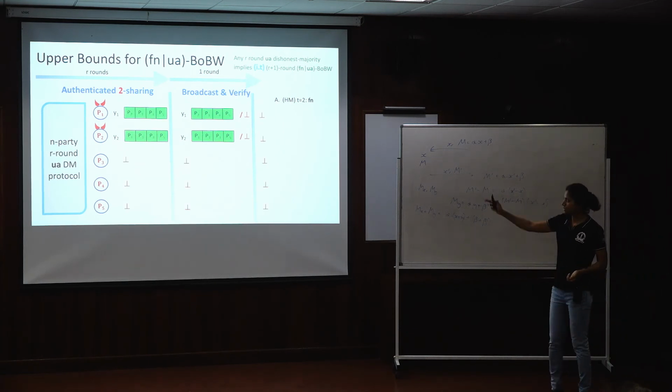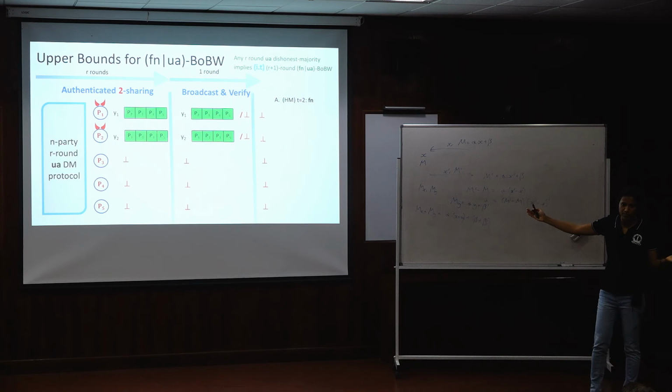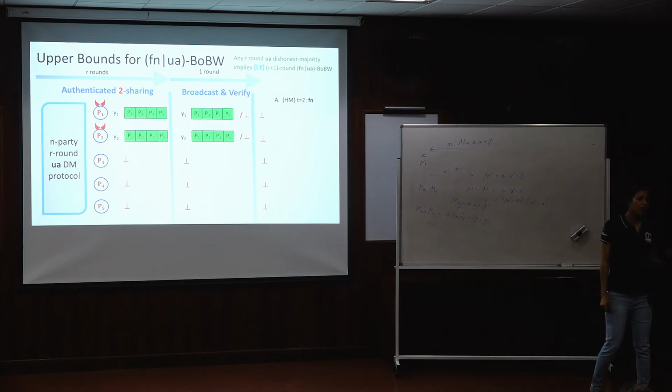Now let's consider the complementary case that I have mentioned. It may happen that in the dishonest majority protocol, the honest parties did not end up with the output. In this case, no matter what the corrupt parties do, nobody will be able to compute the output, because the corrupt parties together hold at most 2 shares on the polynomial.